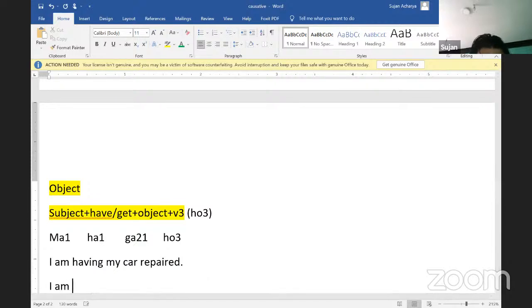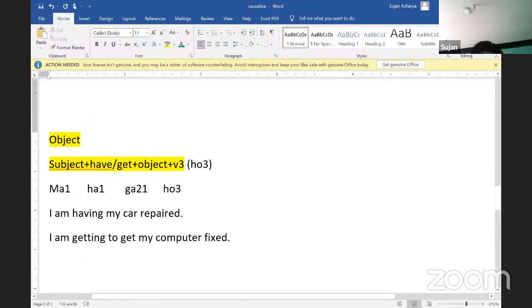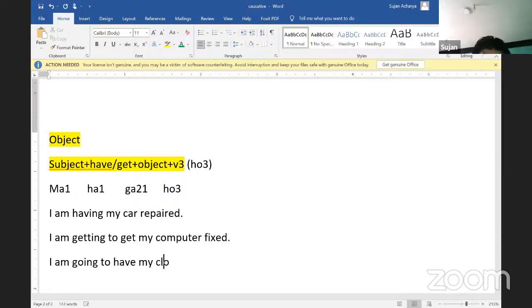I am getting to get my computer fixed. Getting to get out of may sound quite odd, but it's correct. I am going to have my clothes stitched.